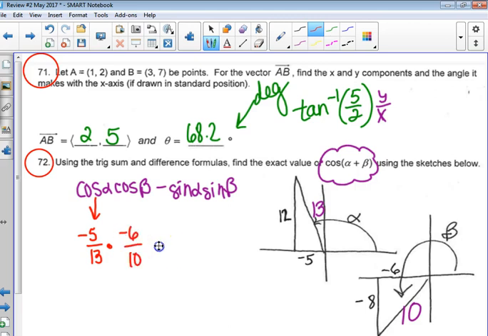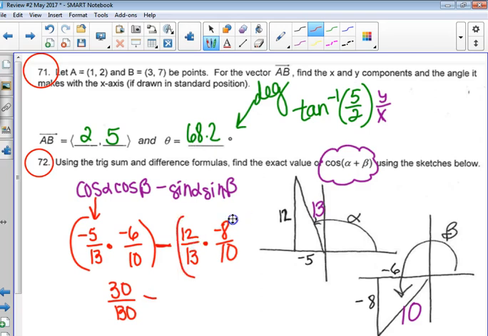Negative 6/10. Then it says minus. What's the sine on this picture over here? And the sine on this picture? Okay. If I multiply these two, I get 30/130.